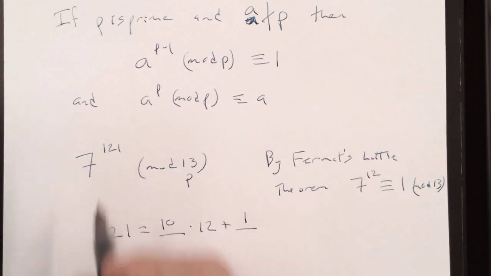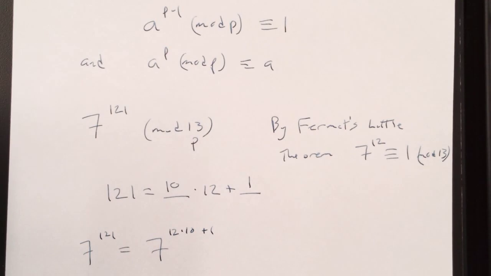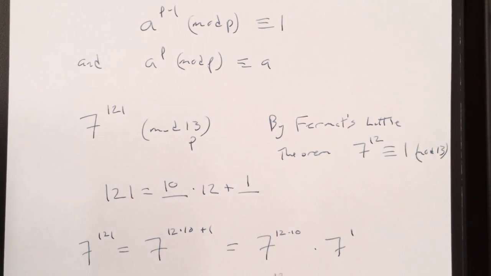So when I do 7 to the 121st, I'm really doing 7 to the 12 times 10 plus 1. When you're adding powers, that's the same thing as multiplying. So this is really 7 to the 12 times 10 times 7 to the first. When I am multiplying powers, I'm really doing a power of a power. So I'm going to write this as 7 to the 12 to the 10 times 7 to the first.